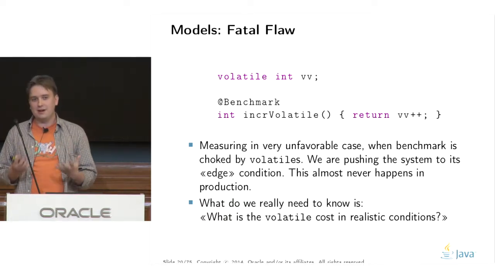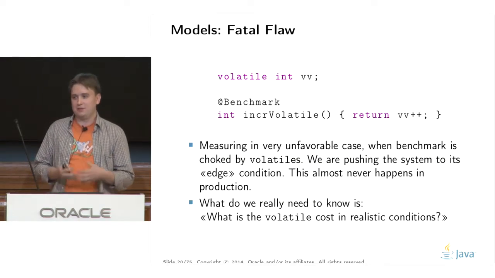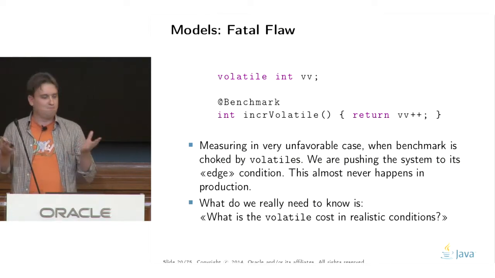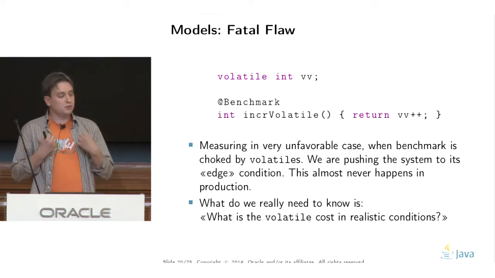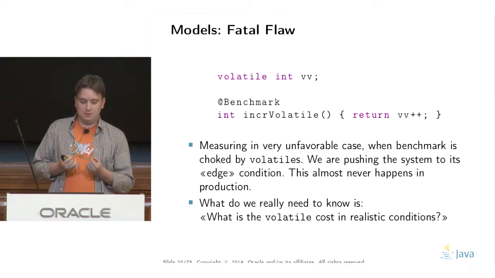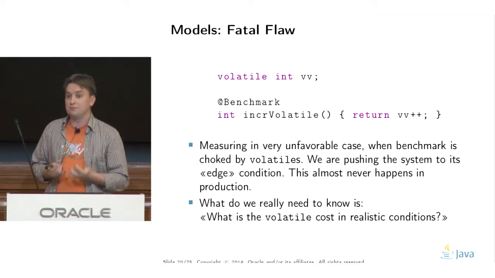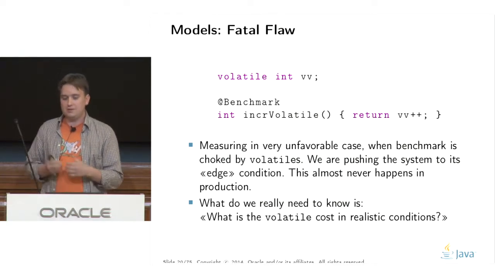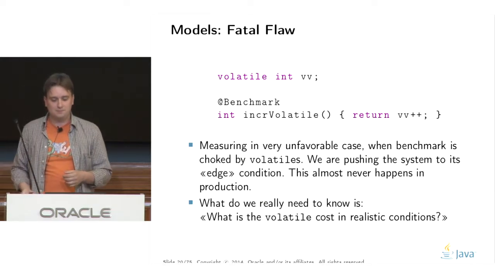And this is probably not the behavior that we expect from our production system. If we have this problem in production, we have a major problem, never mind benchmarking, right? So what do we really want to know? What is useful for us to know is what the volatile cost is in some realistic conditions. This is obviously not a realistic condition when all I do is volatile increments, right?